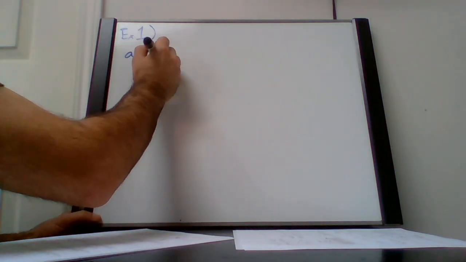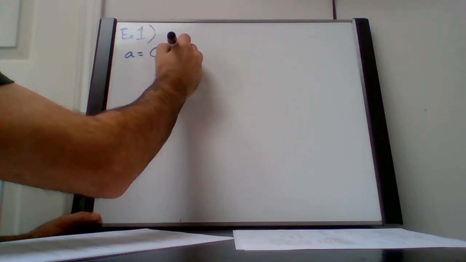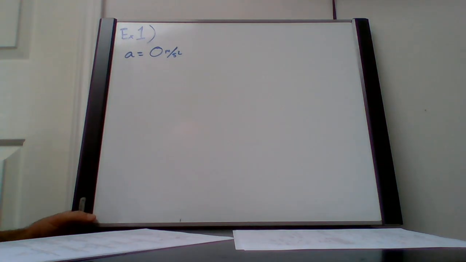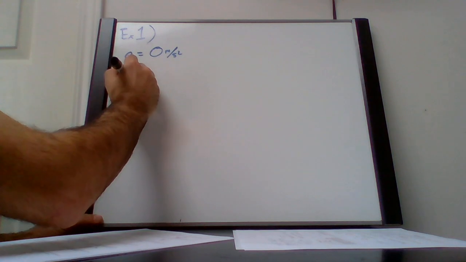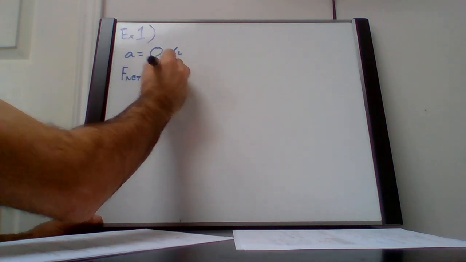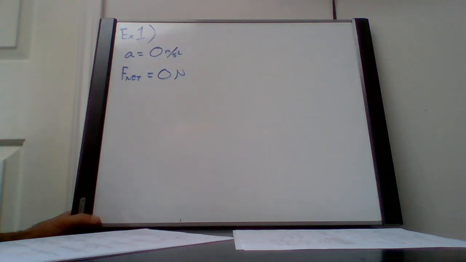For example 1, a box is pushed across a rough floor with constant velocity. Constant velocity means no acceleration, and no acceleration means that F net is also going to be 0 newtons.